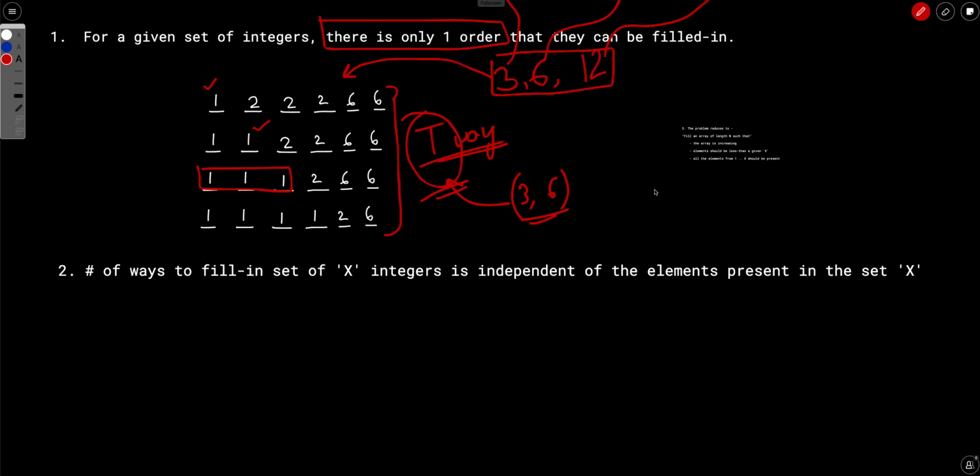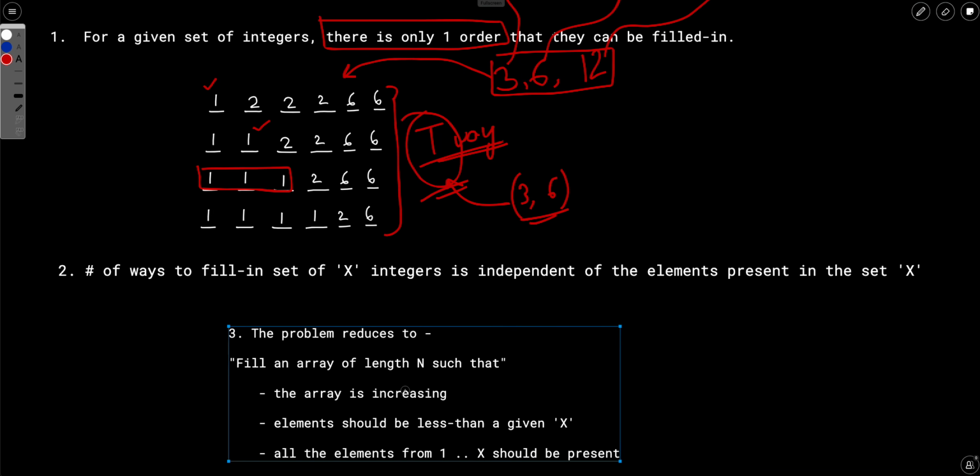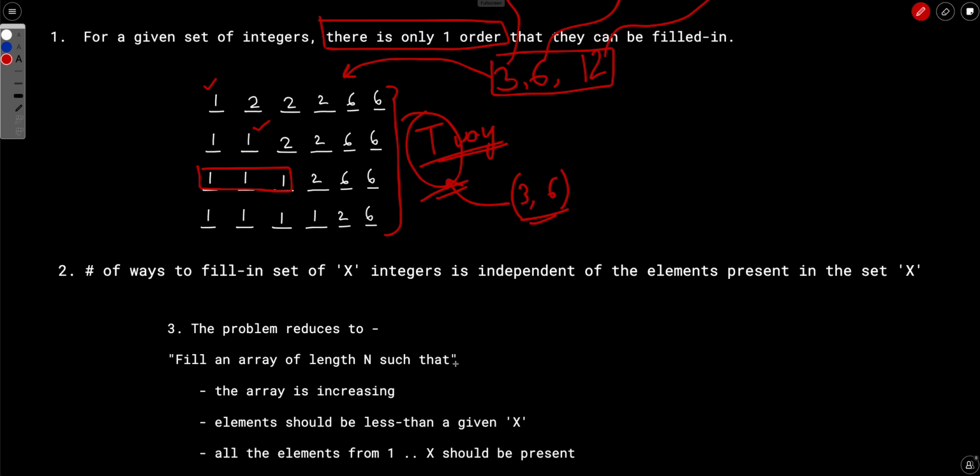Okay, so in a way, what is our problem now? The problem is now reduced to: we have to fill the array of length n such that the array is increasing and every element should be less than or equal to x. So this you can ignore, we already assume that every element is less than x. So the array is increasing and all the elements from 1 to x should be present.